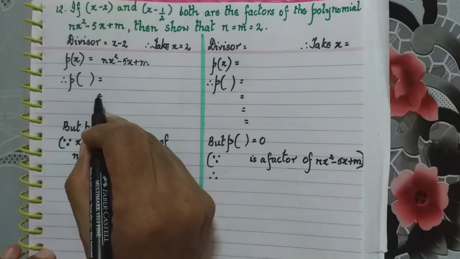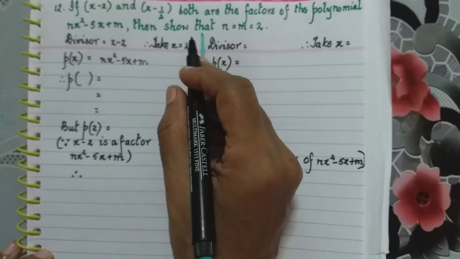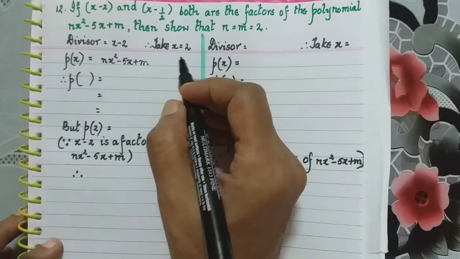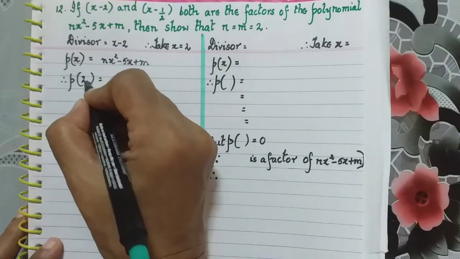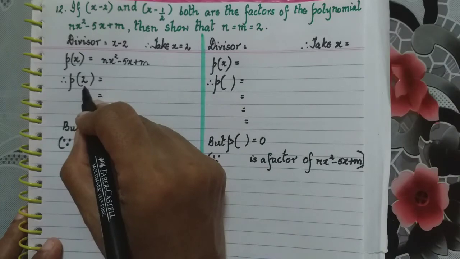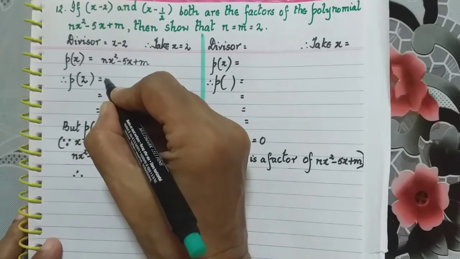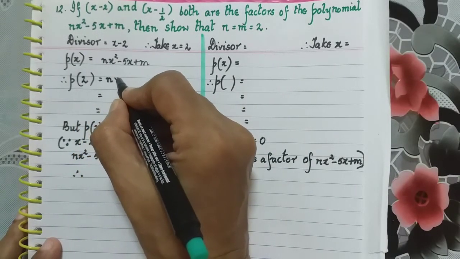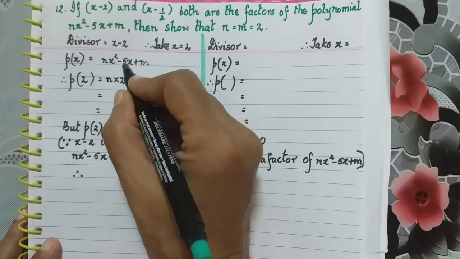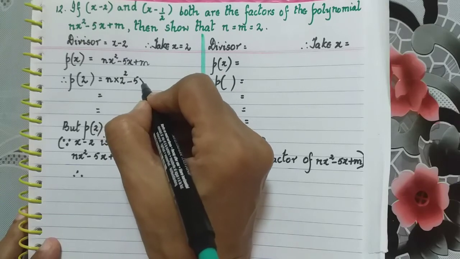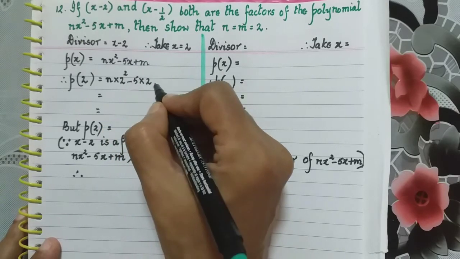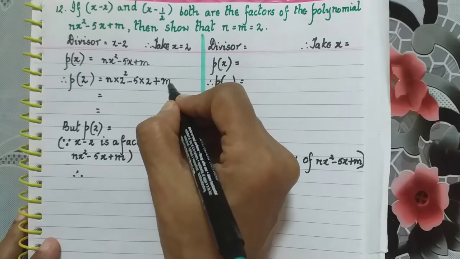Now we have to find p of 2. So taking p of 2, that means in place of x, I have to put 2. So I have here n into 2 square minus 5 into 2 plus m.